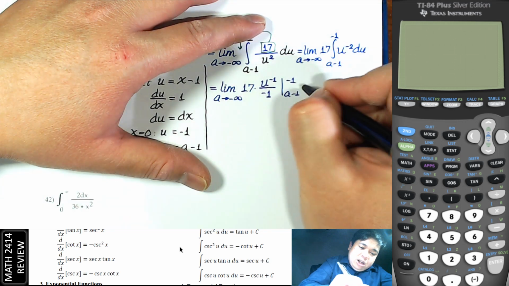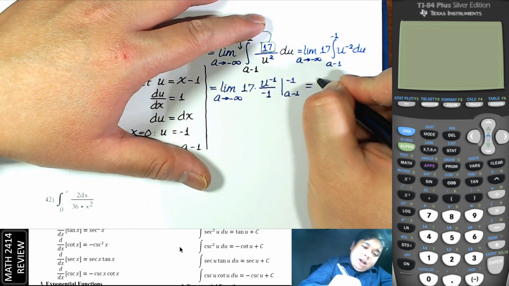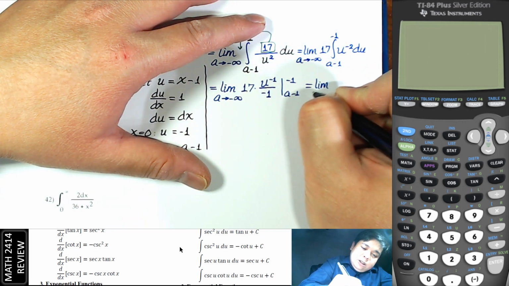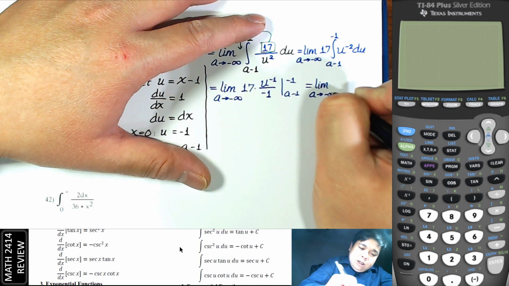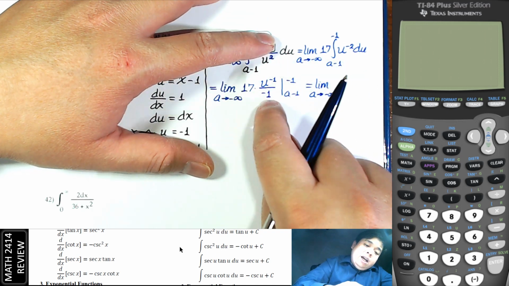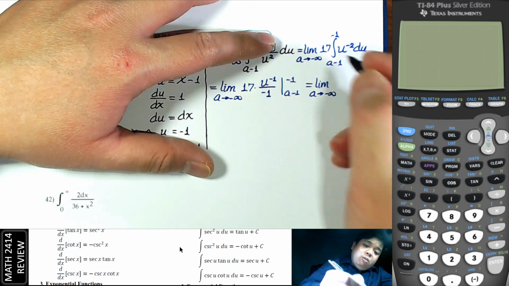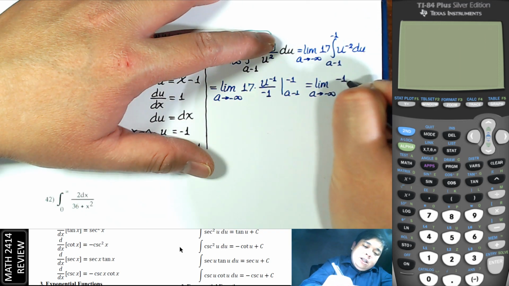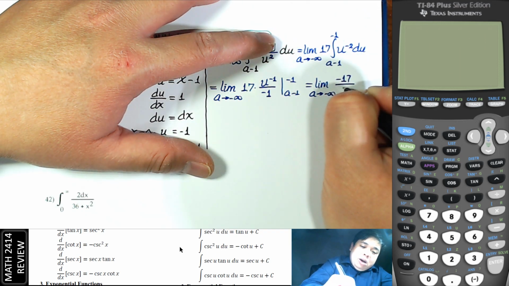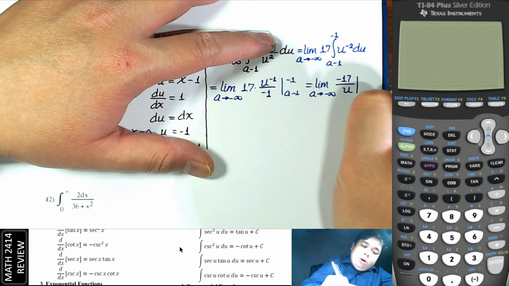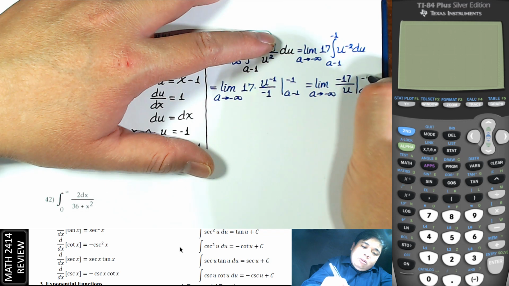Right, let's rewrite this a little bit. 17 divided by negative 1 is negative 17, and then u to negative 1 move to the bottom, so we have negative 17 divided by u. We go from a minus 1 to negative 1.